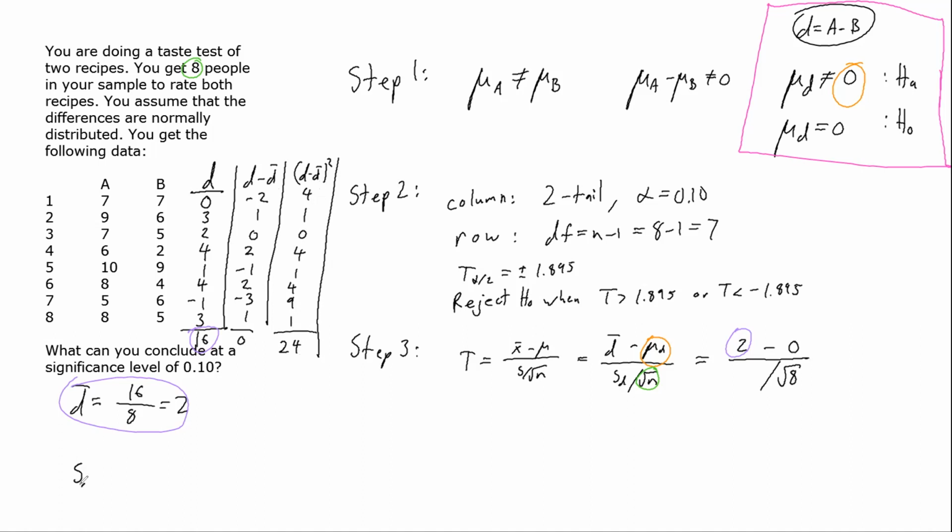So then our sample standard deviation, we have to do 24 divided by, what do we divide by? N minus 1, right? It's a sample standard deviation. So we're dividing by 7, and then we take the square root.